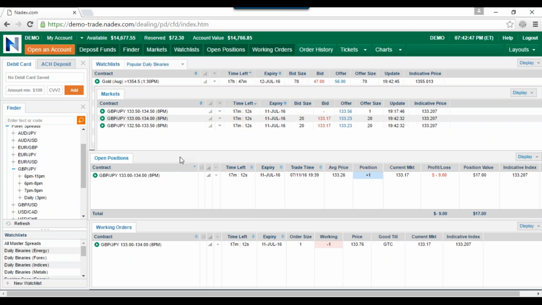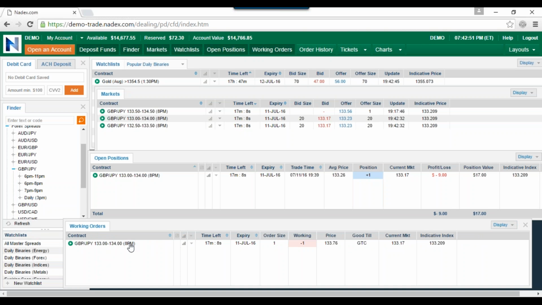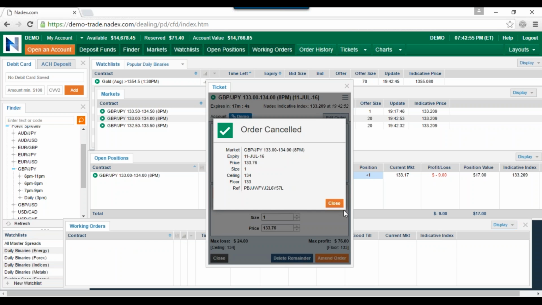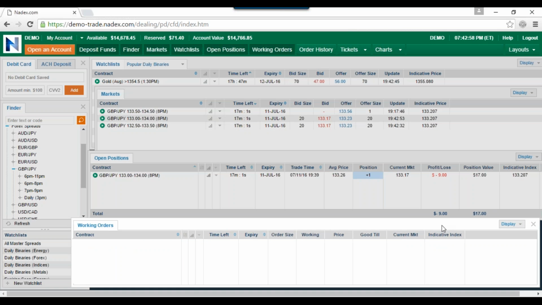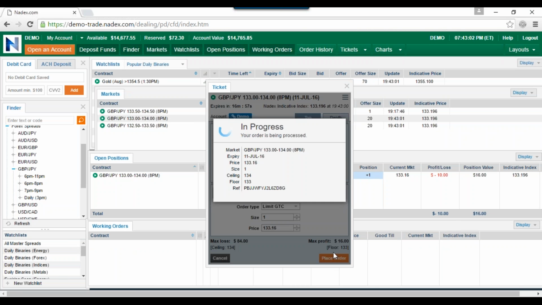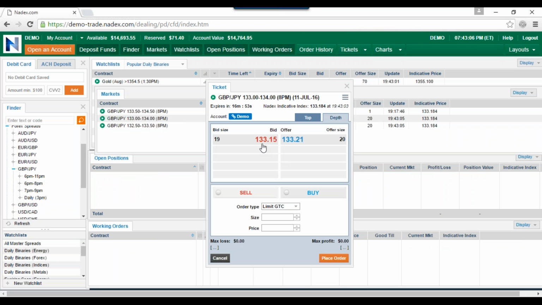Okay? John says, what about on a sell? On a sell, it's just the same thing, John. All you got to do is, let's get rid of this. It's the same thing, just kind of opposite. So let's say that I sold this spread, instead of bought it.